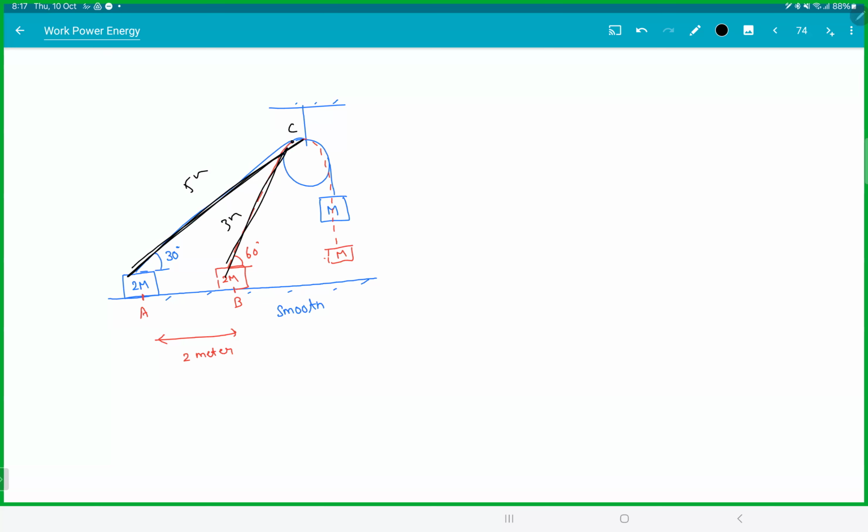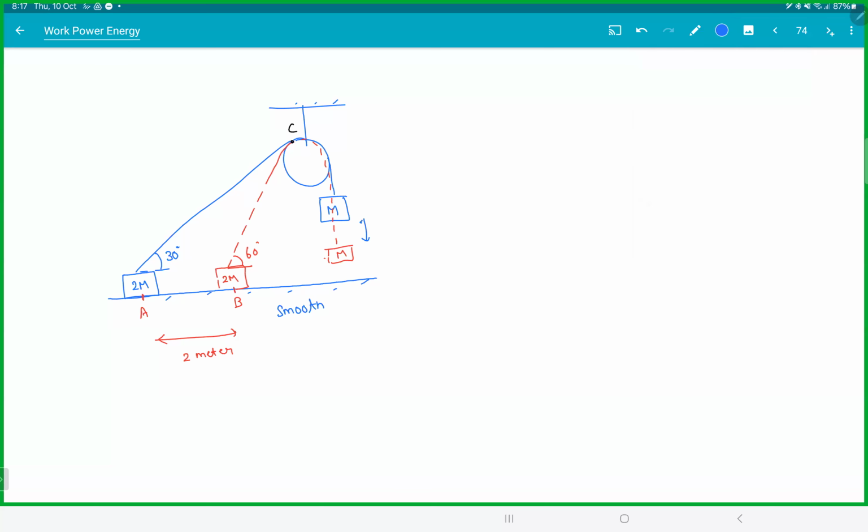Someone must have taken it. Who must have taken it? The block, right? The 2 meters must have come down here. Is that making sense? So the distance moved by the block is nothing but the difference in length of the string from the A to the pulley.